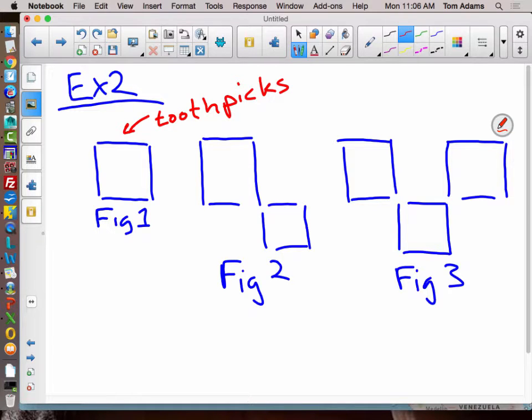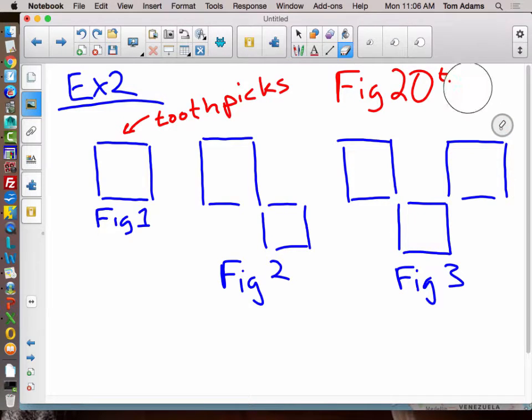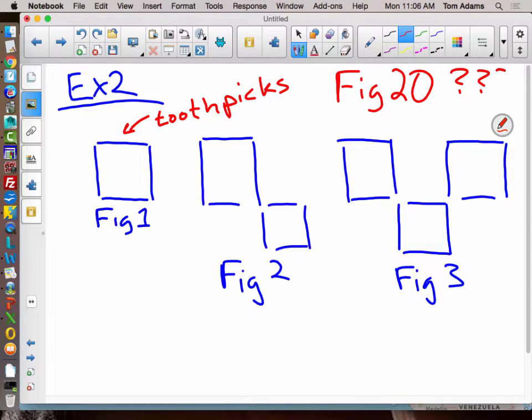Your textbook wants to know, hey, how many toothpicks would you need for the 20th figure? Well, we'll say figure 20, since I wrote it that way. So how many toothpicks would you need? Well, let's see if there's a pattern, and then we'll try to use some algebra. What variable do we want to use to represent the number of toothpicks?